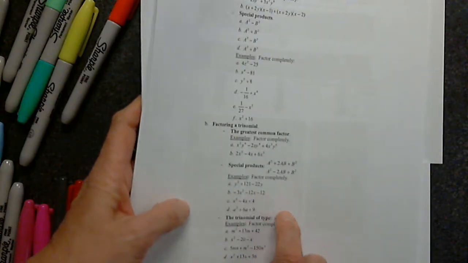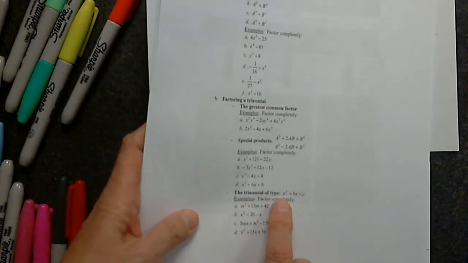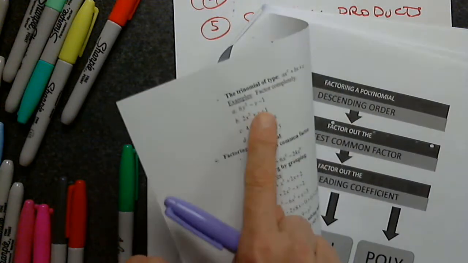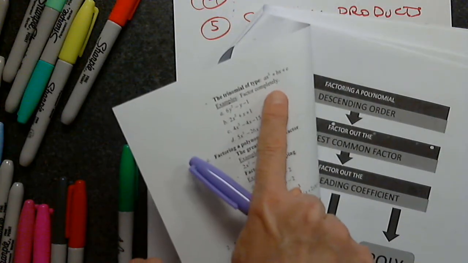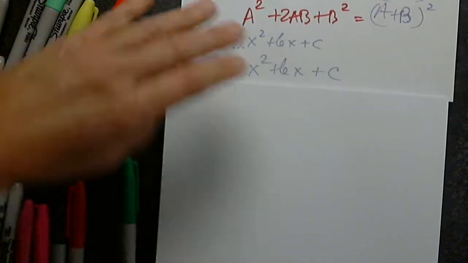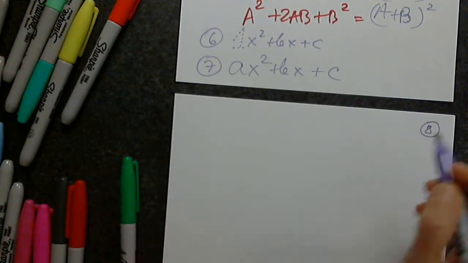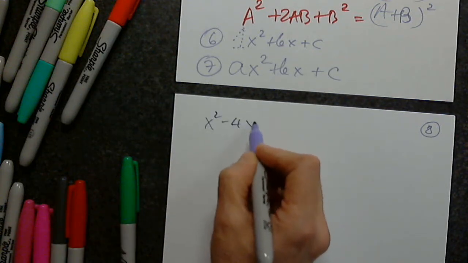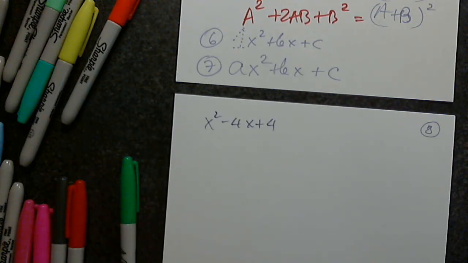They're right here at the bottom, 1 x squared plus bx plus c, and then the next one is right here on the next page with ax squared plus bx plus c. Okay? So let's start on the trinomial. Okay, let's say x squared minus 4x plus 4.